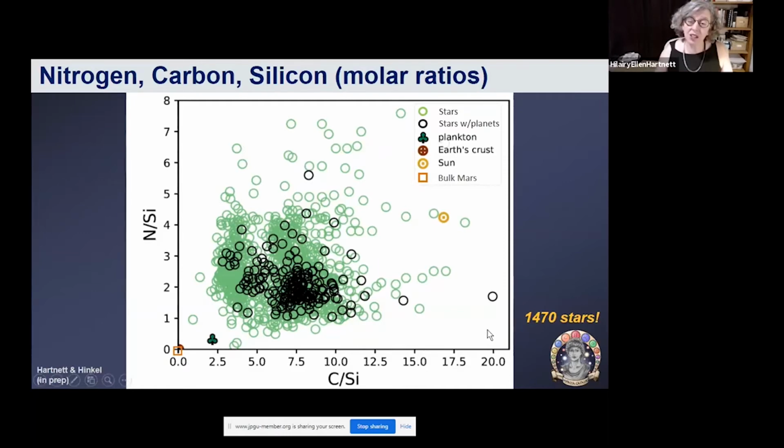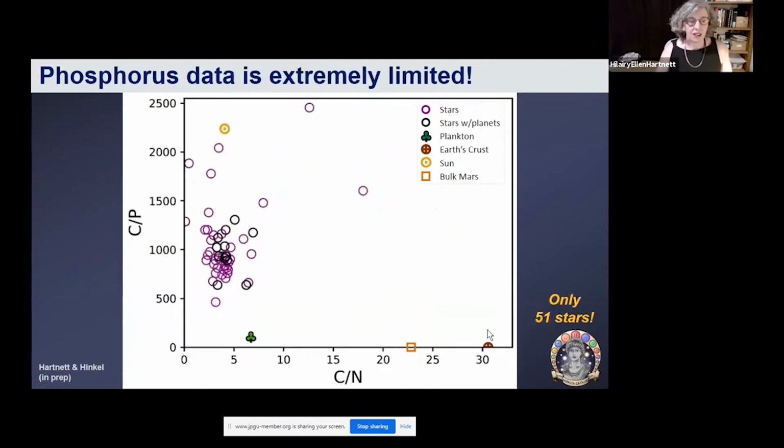But I started out talking about phosphorus, so let's look at this plot with carbon, nitrogen, and phosphorus. Well, the first thing you see is there's only 50 stars for which I can do this calculation. Only 51 stars have both phosphorus and nitrogen data. Now it is extremely difficult to say what a general pattern is, right?